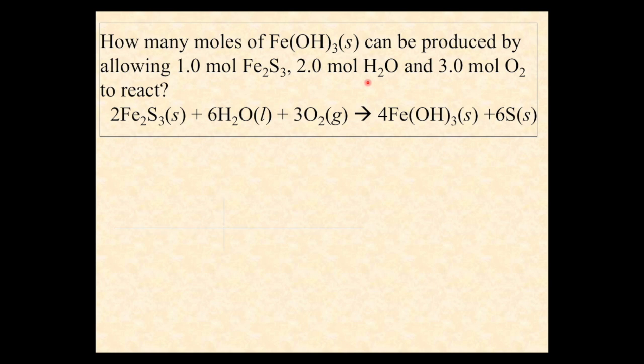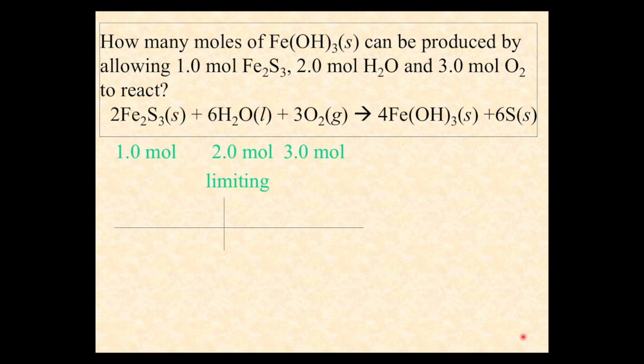The way we mathematically show this is if we have a problem like this: how many moles of iron oxide can be produced by allowing 1 mole of iron sulfide, 2 moles of water, and 3 moles of O2 to react? Well, what we have to do is take this equation, and we have a given number of moles.